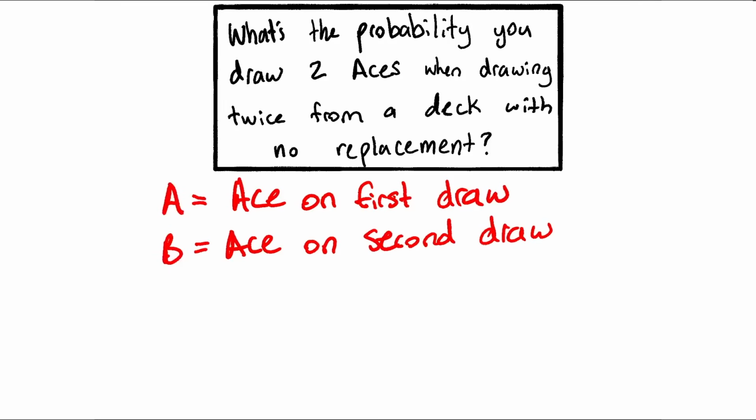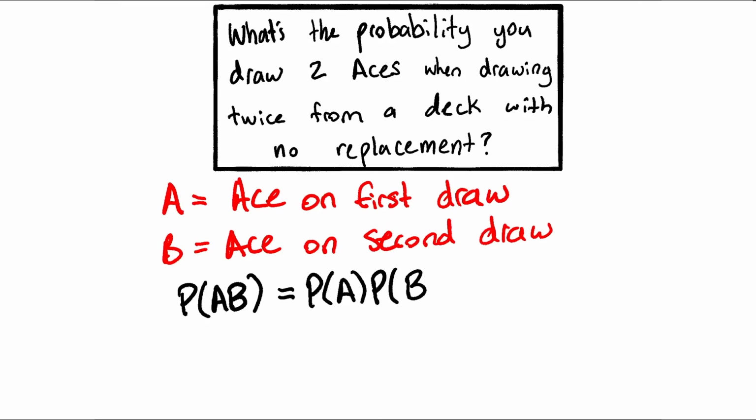Based on the multiplication rule, what we're looking for, the probability of A and B, the probability you draw an ace on the first draw and then an ace on the second draw, equals the probability of drawing the ace first, and then multiplying that by the probability that you draw an ace on the second draw, given that you already drew the ace on the first draw.